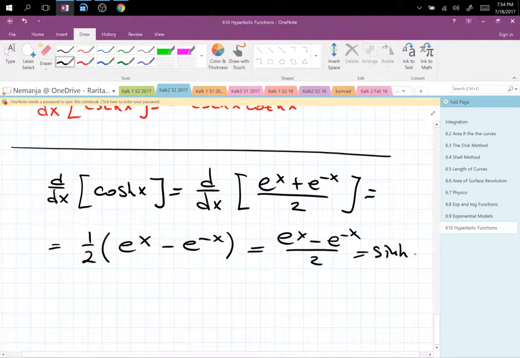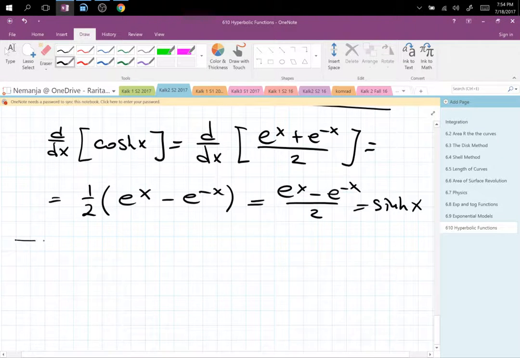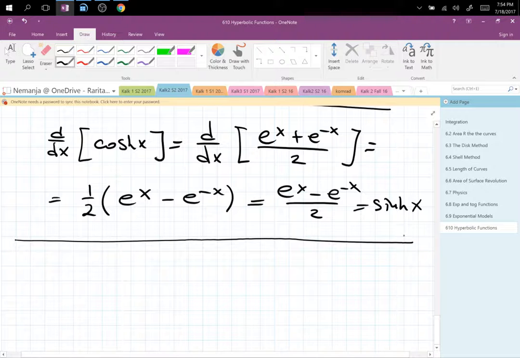See how there's no negative that pops up. So let's do some chain rule.